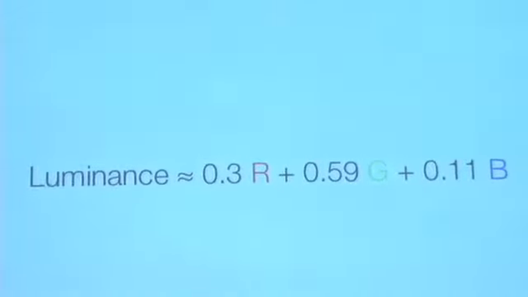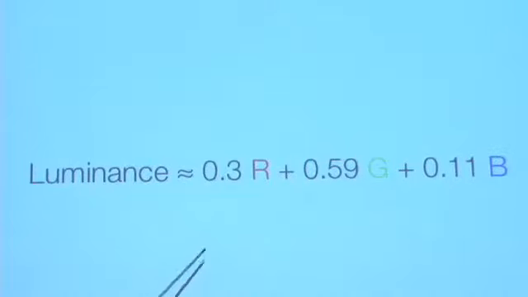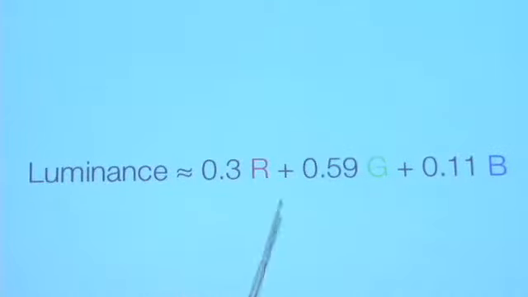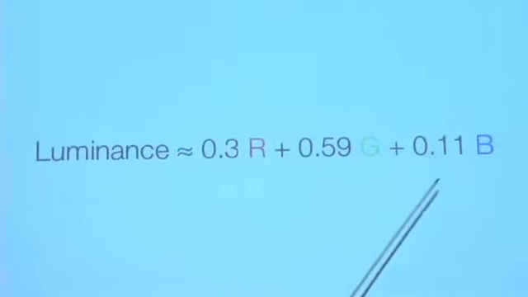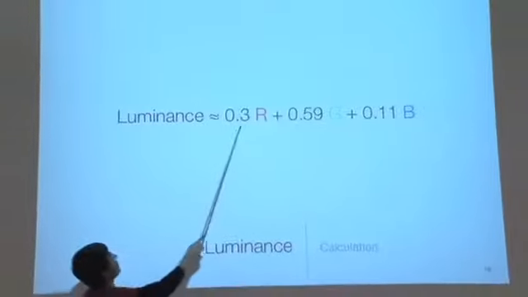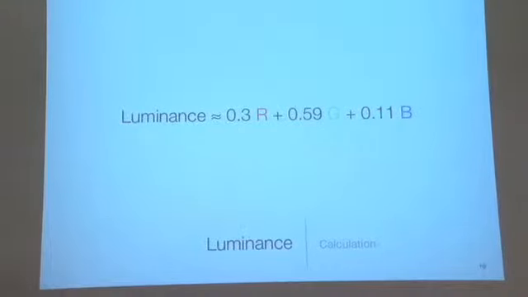So what happens is that when we multiply, no matter what these numbers are within the range of 0 to 255, these numbers can be any number within that range. And when you add them all up, it will always be another number from 0 to 255. So you're not going to get more than that. You're not going to get less than that.